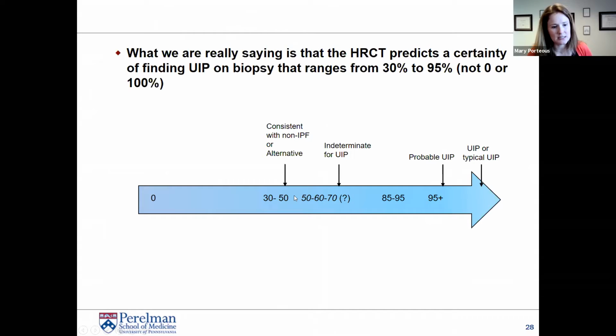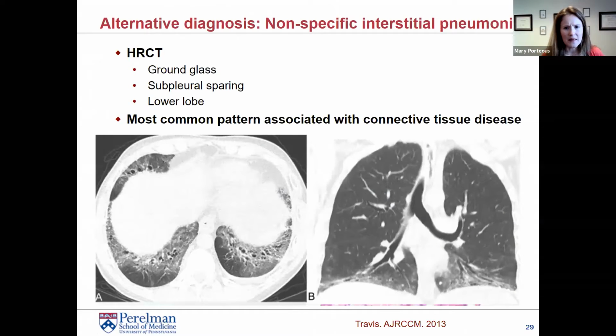And that is in contrast to the alternative diagnosis, where that degree of confidence is a lot lower. So let's say you're in the alternative bucket. What other diseases can you have? There could be a non-specific interstitial pneumonia pattern, and that is usually classified with ground glass. And for the medical students, ask yourself: is it ground glass versus consolidation?